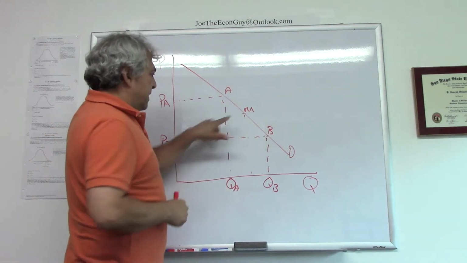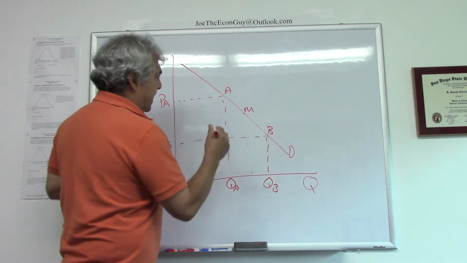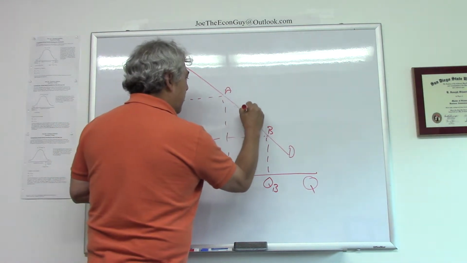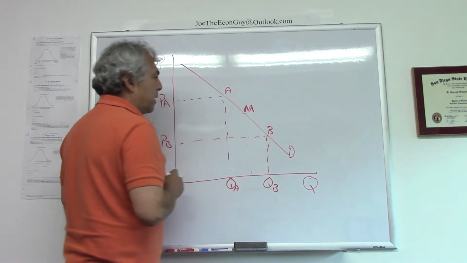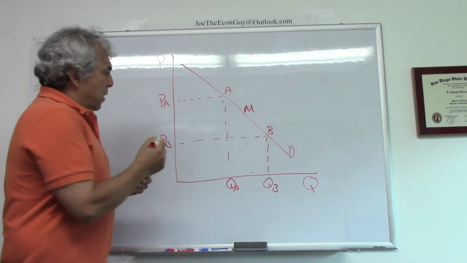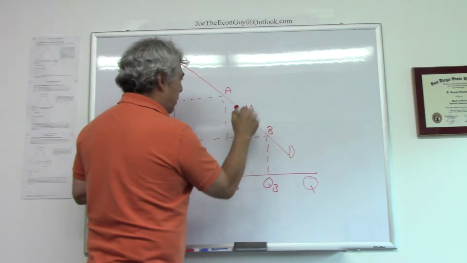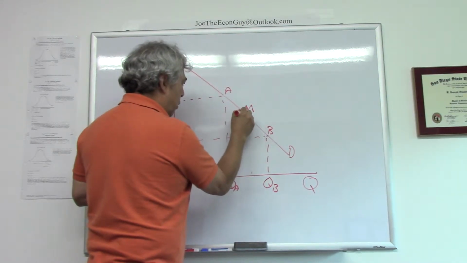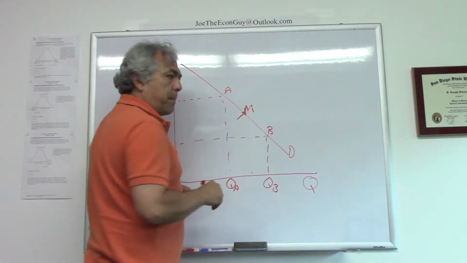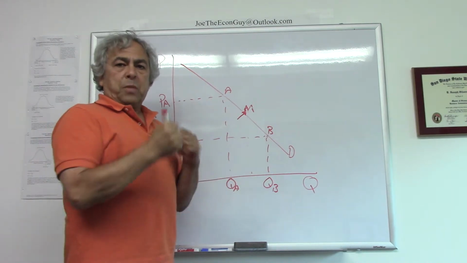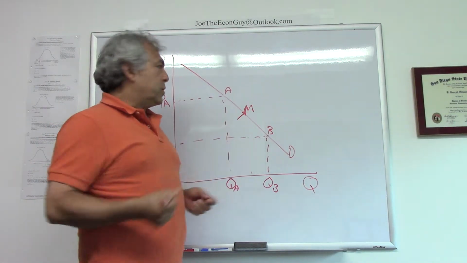The second reason is that it's more precise, at least for this point right here that we're calling M, the midpoint. So if you calculate the price elasticity of demand using the midpoint formula, you're saying that we know, or we're relatively certain, that at this point M, this is how sensitive buyers are to a change in price.